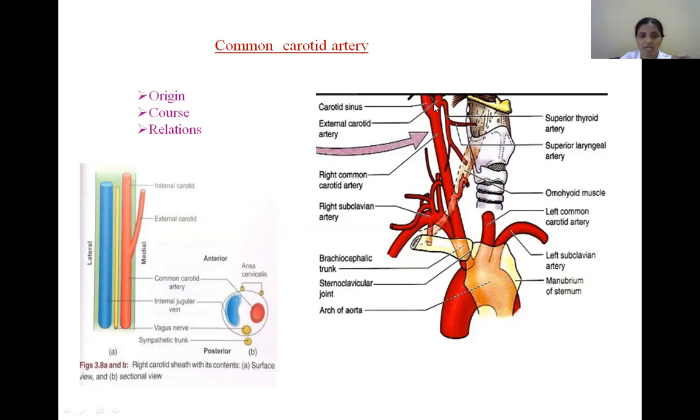Because of their supply. The internal carotid artery supplies the structures inside the skull, whereas the external carotid artery supplies outside the skull, meaning the face, neck and scalp. So these are the internal and external carotid arteries.